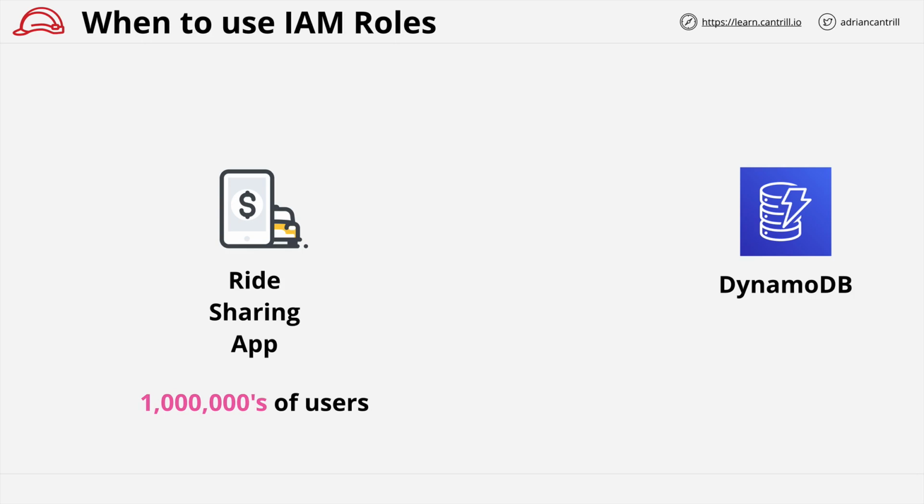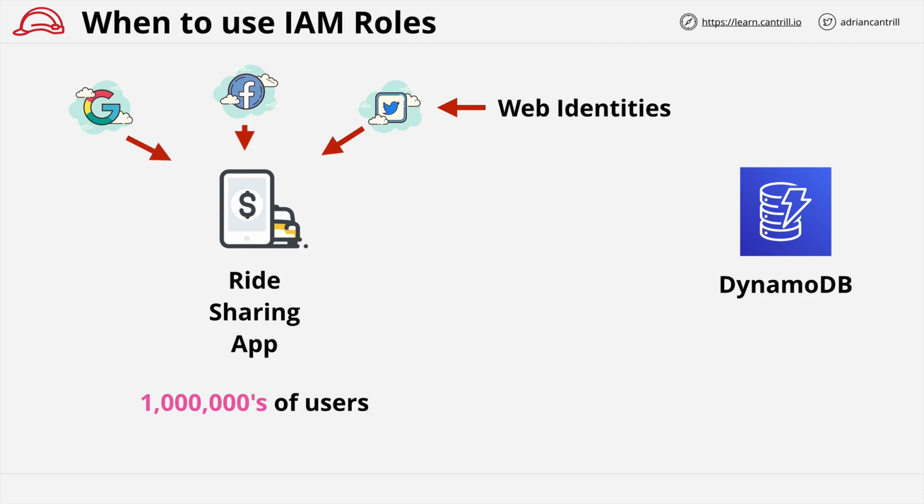Now, this is a problem which can be fixed with a process called Web Identity Federation, which uses IAM roles. Most mobile applications that you've used, you might have noticed they allow you to sign in using a web identity. This might be Twitter, Facebook, Google, and potentially many others.